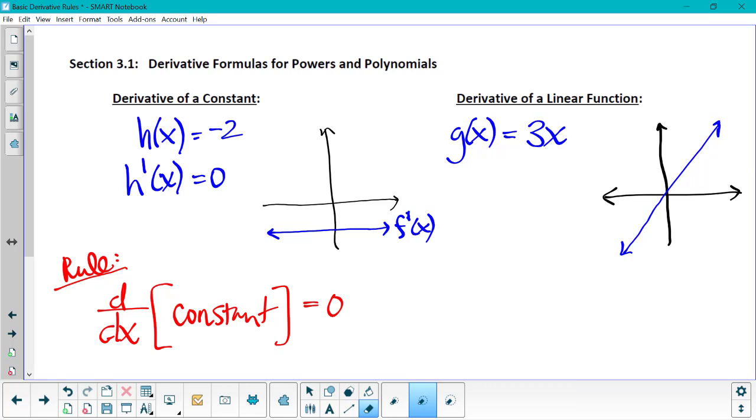This is g of x, and it has a slope of 3, goes through the origin.